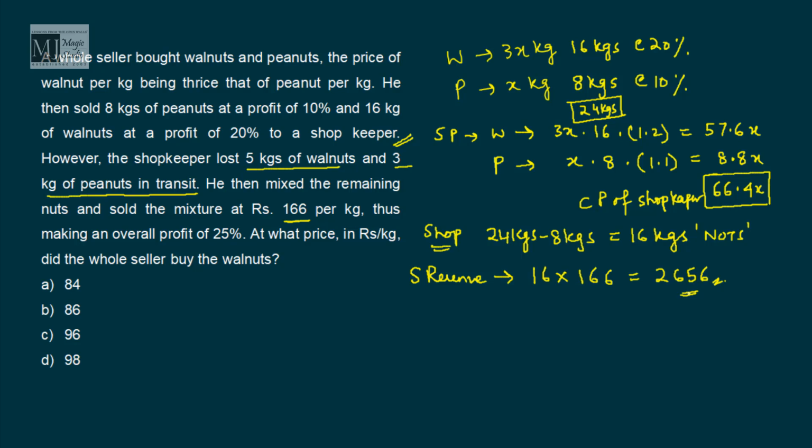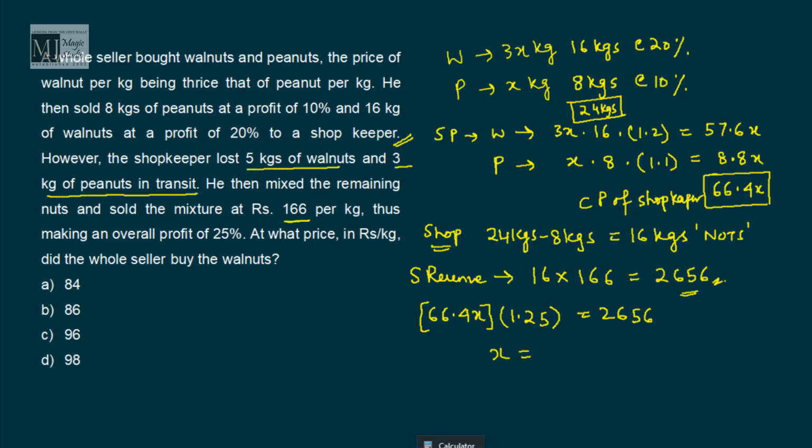Obviously, profit is always on the cost price. So can I say 66.4x, that is the cost price to the shopkeeper, into 1.25 should equal 2656, isn't it? So we can solve this equation and find the value of x.